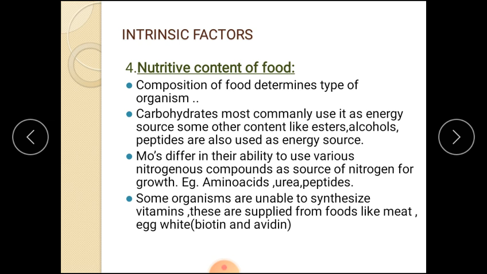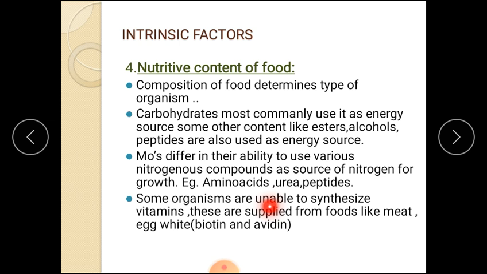Some organisms have the ability to utilize the nitrogenous compounds in the food as a source of nitrogen, for example food containing amino acid, urea, peptides. So these substances act as a nitrogen source, and carbohydrate, ester, alcohol, peptides act as an energy source. If these components are present in high amount in the food, then it will allow the growth of organism and may lead to further spoilage.